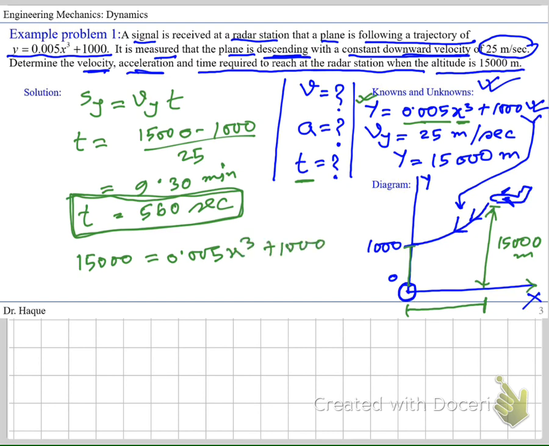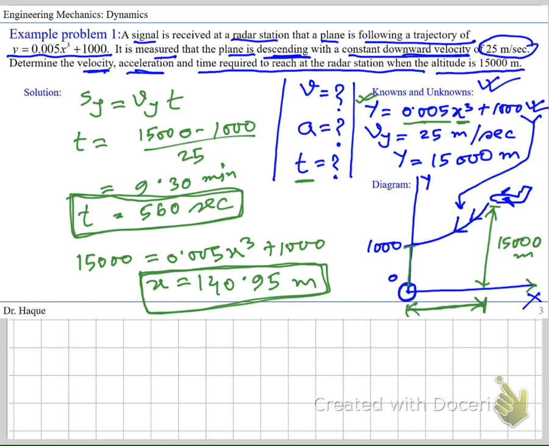So if we solve this, we can get x equals 140.95 meters. So this is how much distance away the plane is in the x direction. So we got one answer.